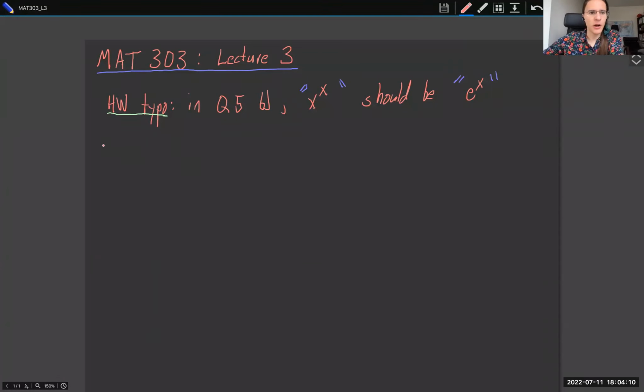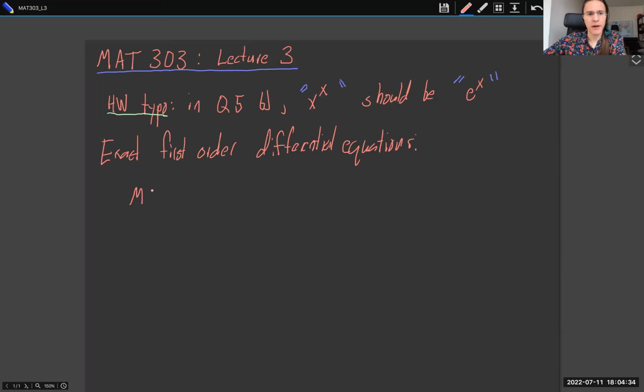Okay, so we are going to be talking about exact first order differential equations. We are going to have an equation of the form: some function, which we'll denote M, a function of x and y, times dx, plus N(x, y) dy, is equal to 0.